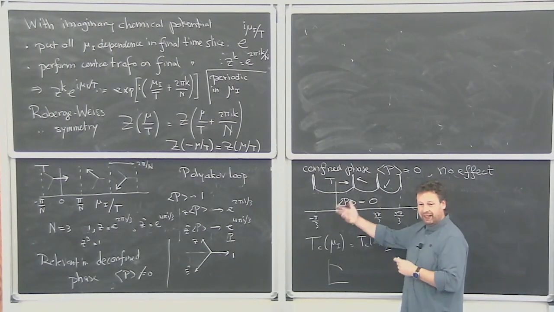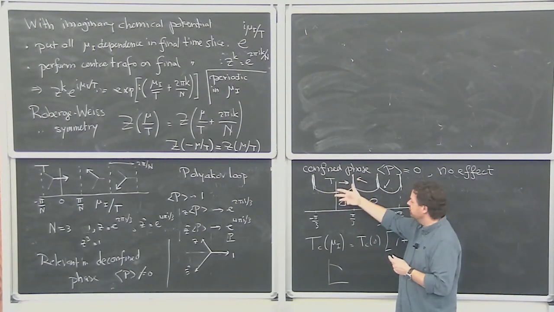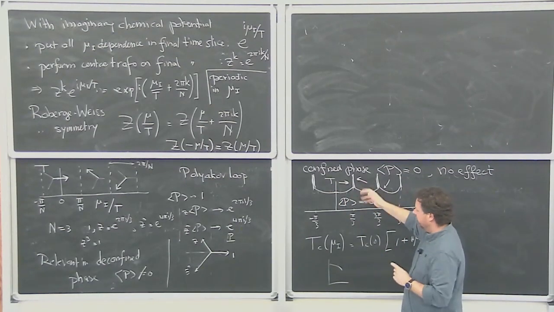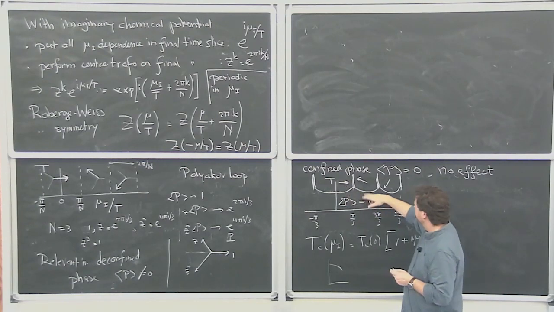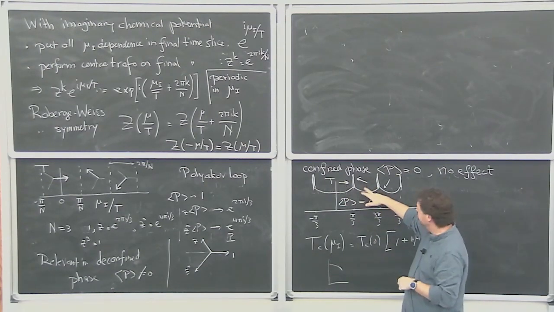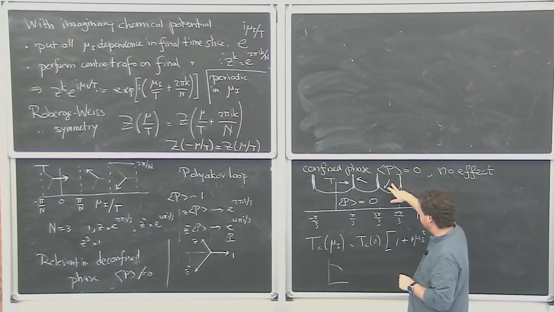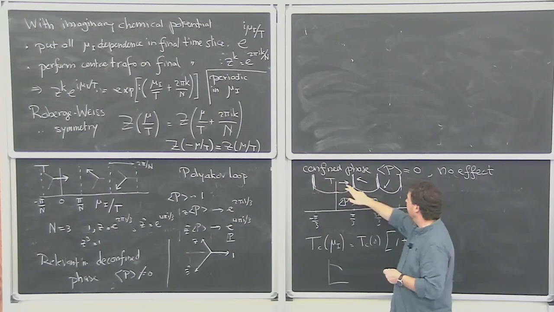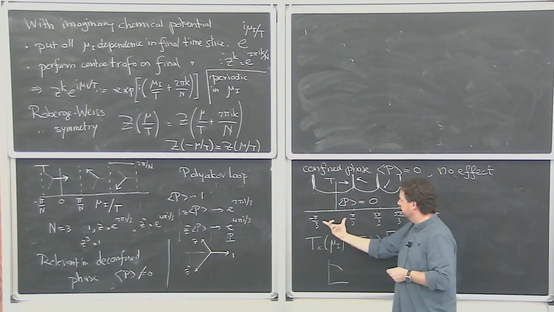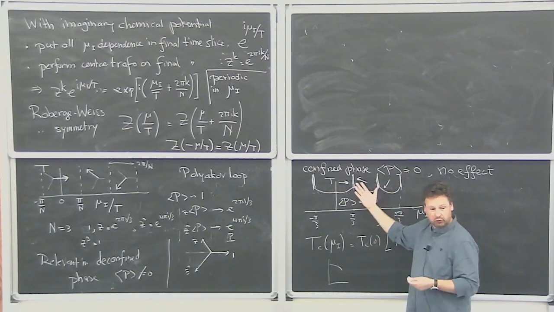The Polyakov loop is now again an order parameter because it changes sharply, indeed, as you said, from 1 to e to the 2 pi i over 3 to e to the 4 pi i over 3. So it's an order parameter with a strong change in value. And so these vertical lines here, when you go from one region of mu I to another region, are actually first order lines.